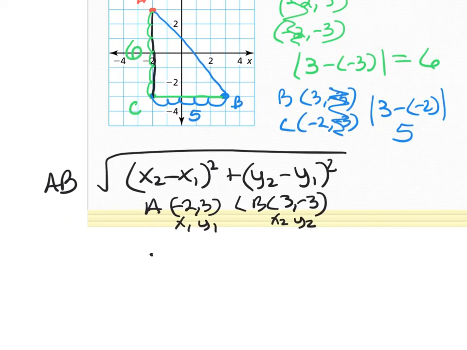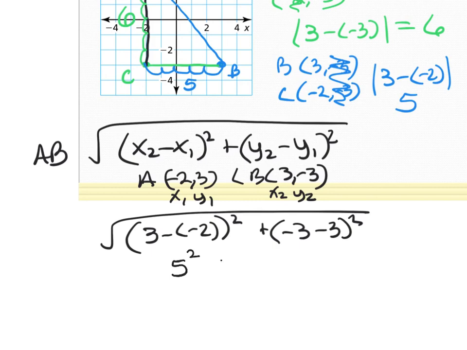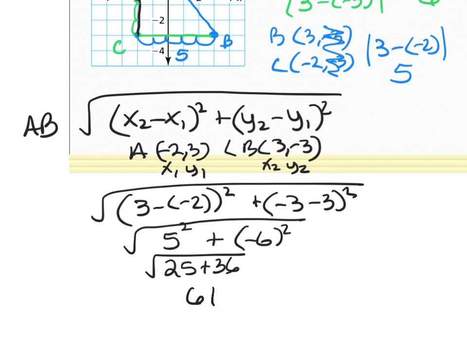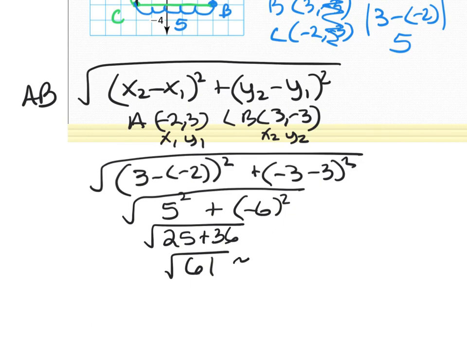So let's plug it in. 3 minus -2 squared plus -3 minus 3 squared, all under the radical. 5 squared plus -6 squared, all under the radical. 25 plus 36, square root of 61. Now, if we were leaving this in simplest radical form, we would leave it like this. However, if I get out my trusty calculator, I could approximate this to about 7.8.